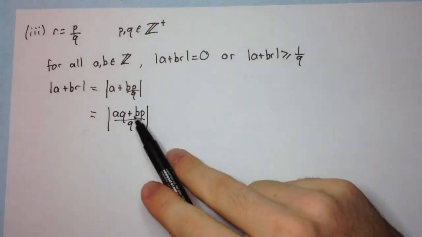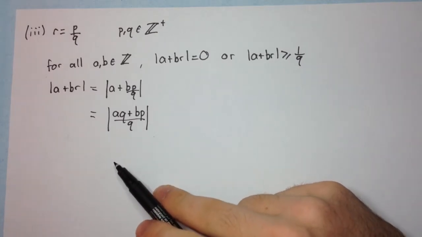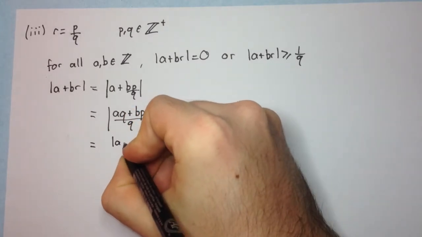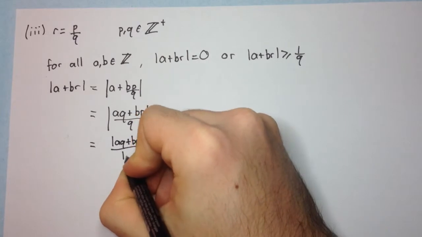Here we have the absolute value of a quotient, and that becomes the quotient of two absolute values. So we're going to have the absolute value of aq plus bp over the absolute value of q.